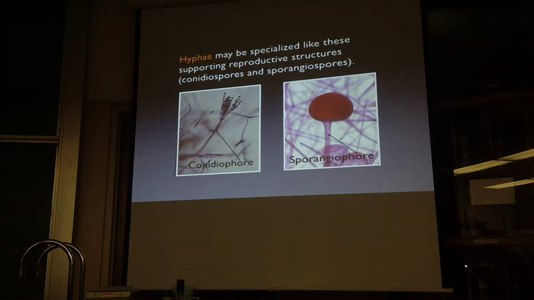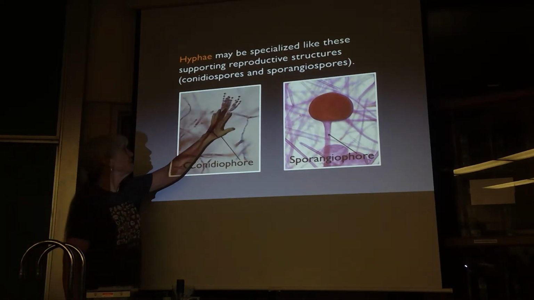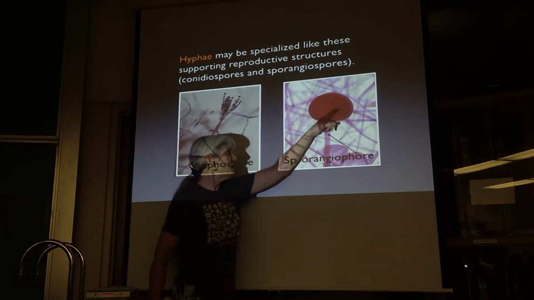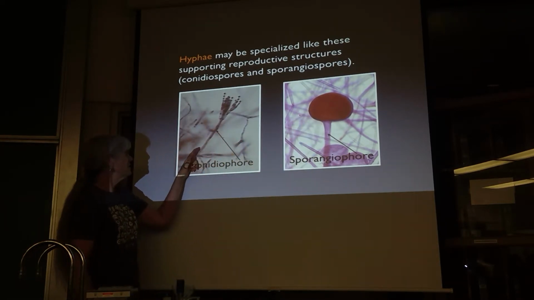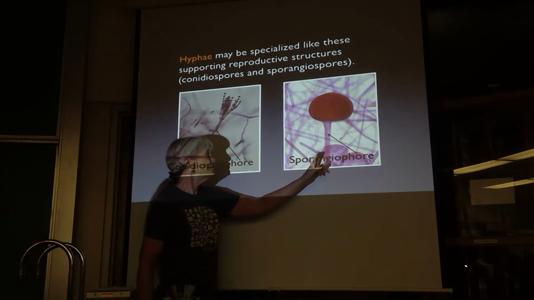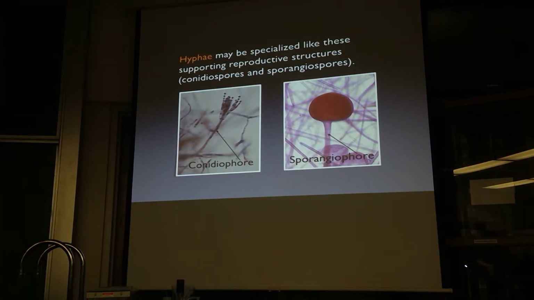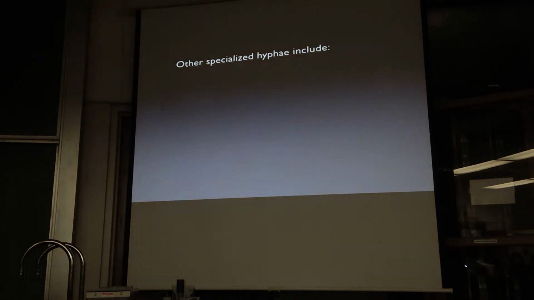So again, this is just the specialized name for this thread that is supporting a mass of reproductive cells. These are conidiospores. If the spores are in a sac, they're sporangiospores. But this is a conidiophore, and this is a sporangiophore. Not something I'm going to ask you about on the lab exam, although they're pretty easy to see. We have enough other stuff to look at.